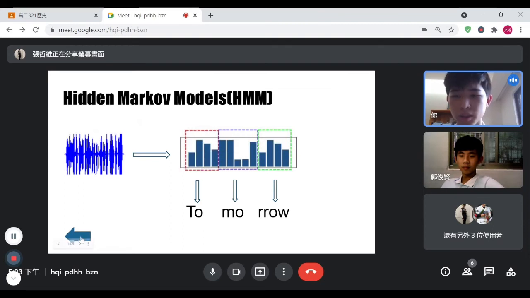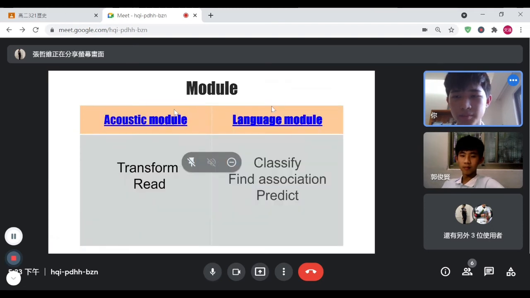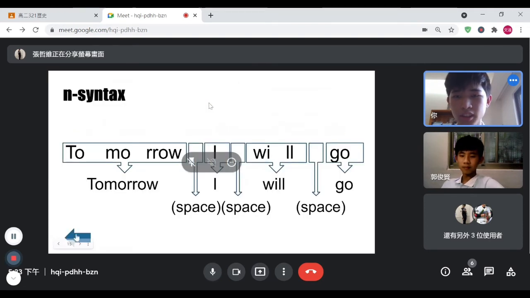Then the language module will work. The language module, for example in syntax systems, will classify each syllable and find the association between them. Finally, by calculation, the language module can predict the most possible sentence that the syllables will make up.